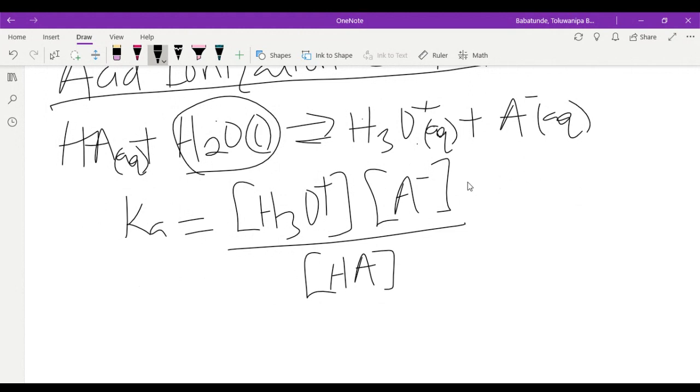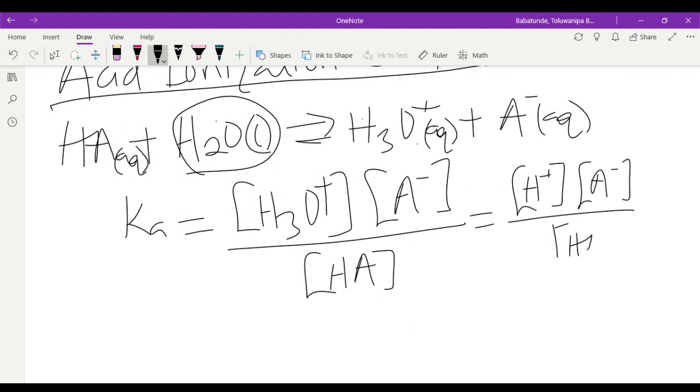So that becomes our Ka. Or, this hydrogen ion can also be represented as hydronium ion, and we can write it this way over HA. So that becomes our Ka.